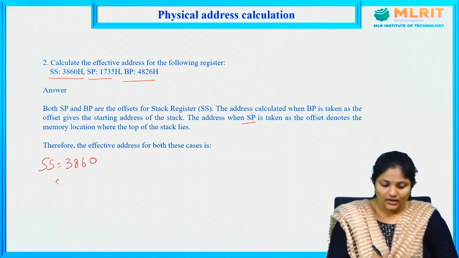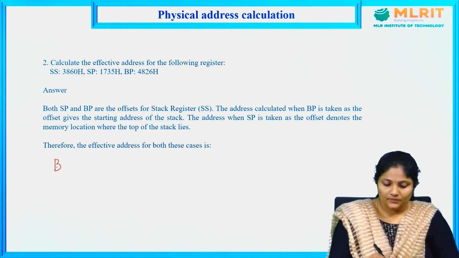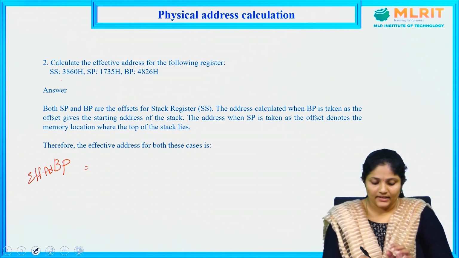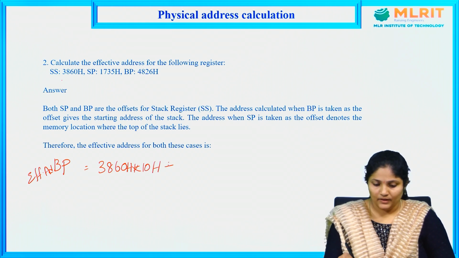SS is 3860H, according to SP, or first we need to calculate the effective address for BP. Then the stack segment 3860H is multiplied by 10H, plus the offset address.